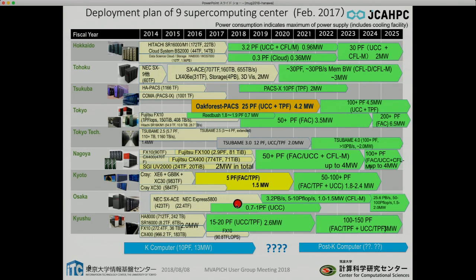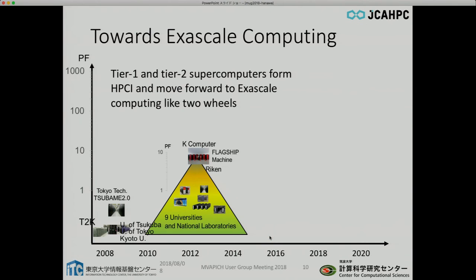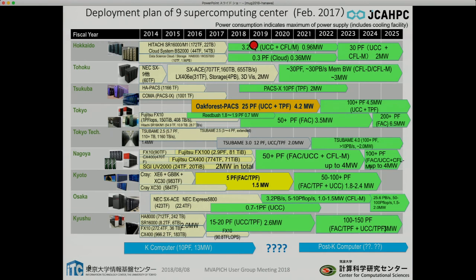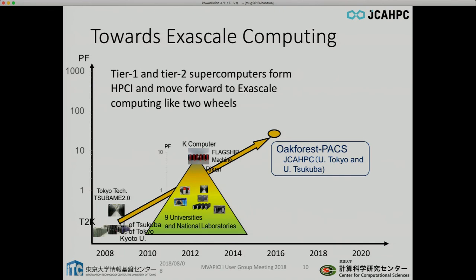We have the K computer in Kobe, but next year this system will be shut down to be replaced by the post-K system. So our system will contribute to providing much more computing resources for academic users in Japan. I would like to skip this chart.